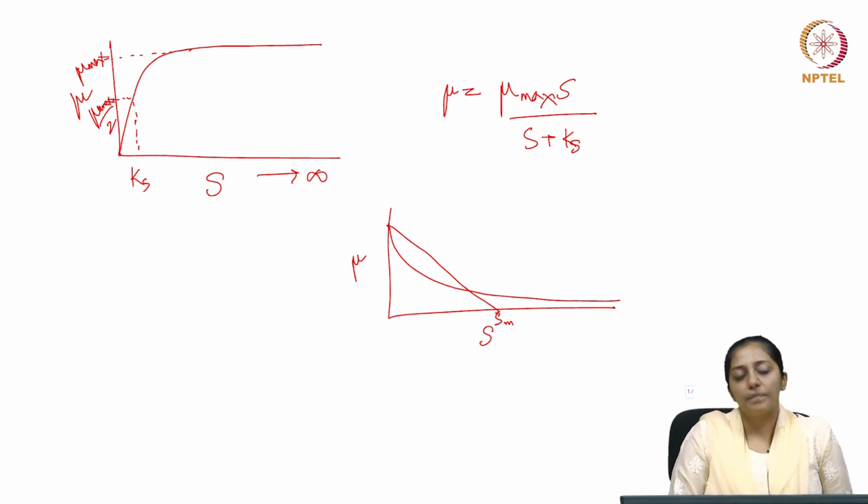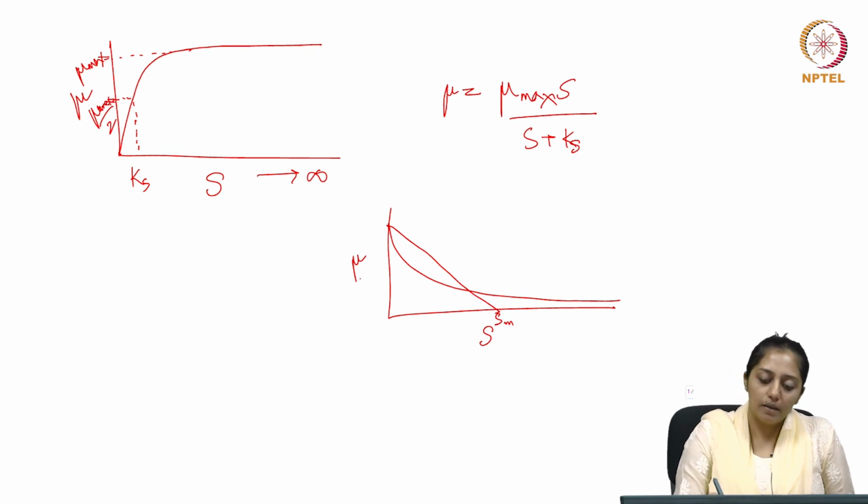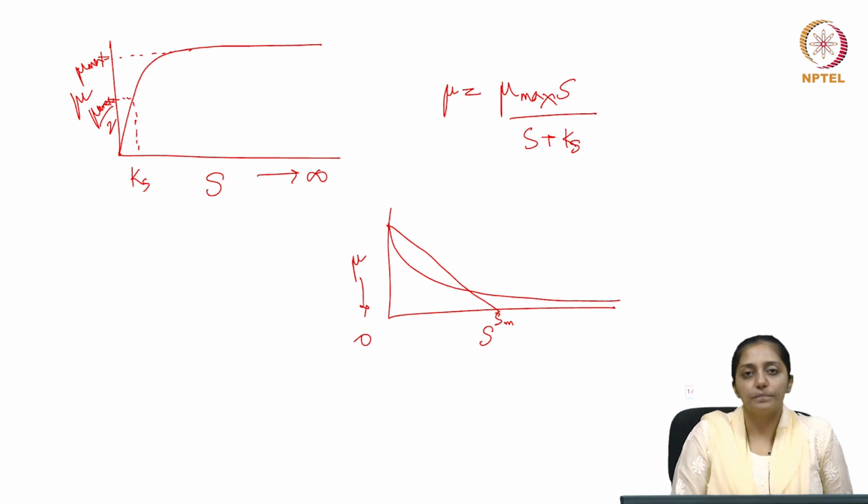Let us assume in the case of an inclined straight line, where it cuts the x axis at a value of substrate which we call Sm, then we may say that it is some defined value of substrate at which the specific growth rate is becoming nearly 0, isn't it? So, at this point the specific growth rate becomes 0.